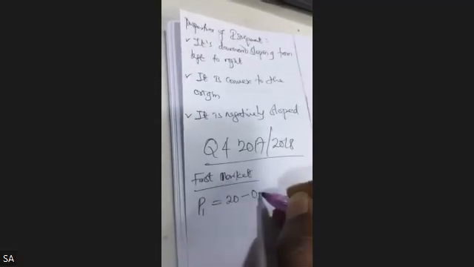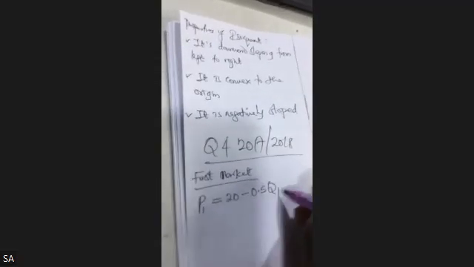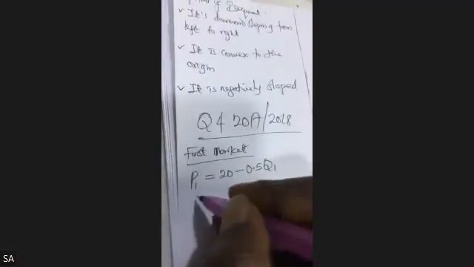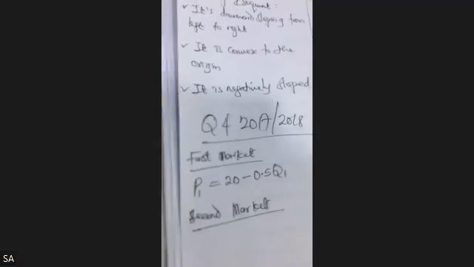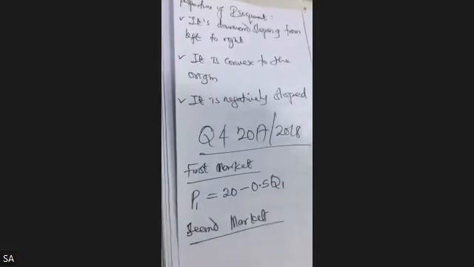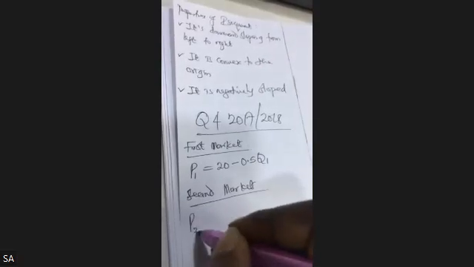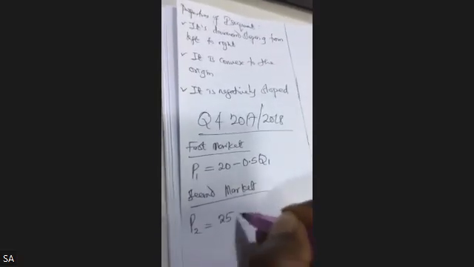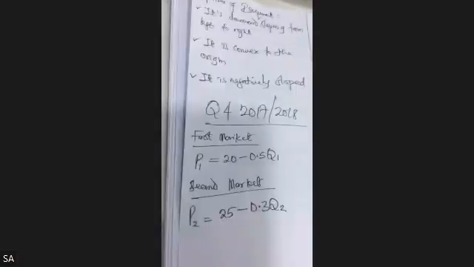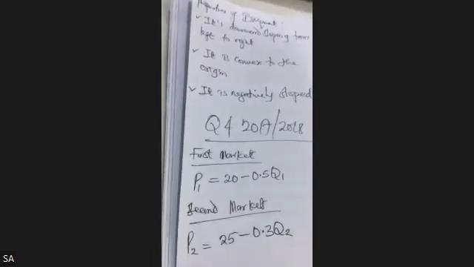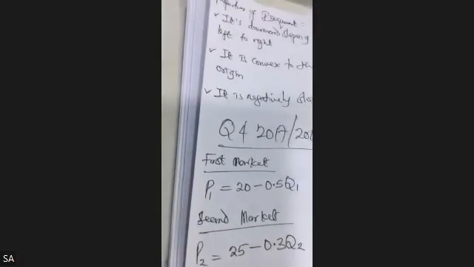Second market: P2 equals 25 minus 0.3 Q2, where P is the price charged per unit of output in naira, and Q is the quantity produced.